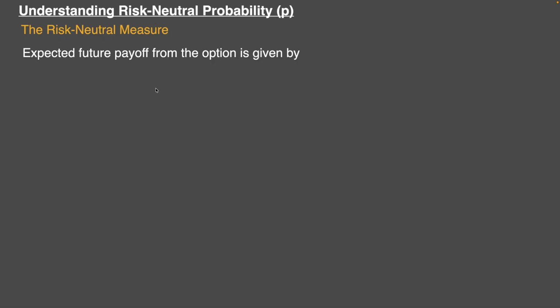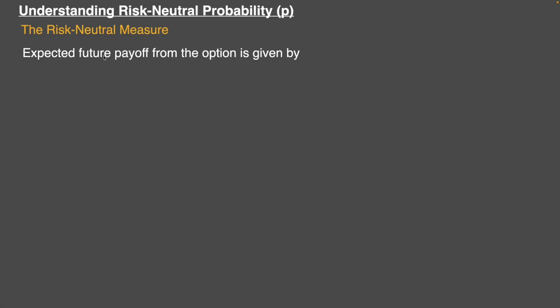So with this basics into consideration, how are we going to calculate the expected future payoff from the option? Here there are three words you have to be very careful about. One is the expected. Why we always use the expected means we do not know what is going to be the payoff whenever we are considering an option.